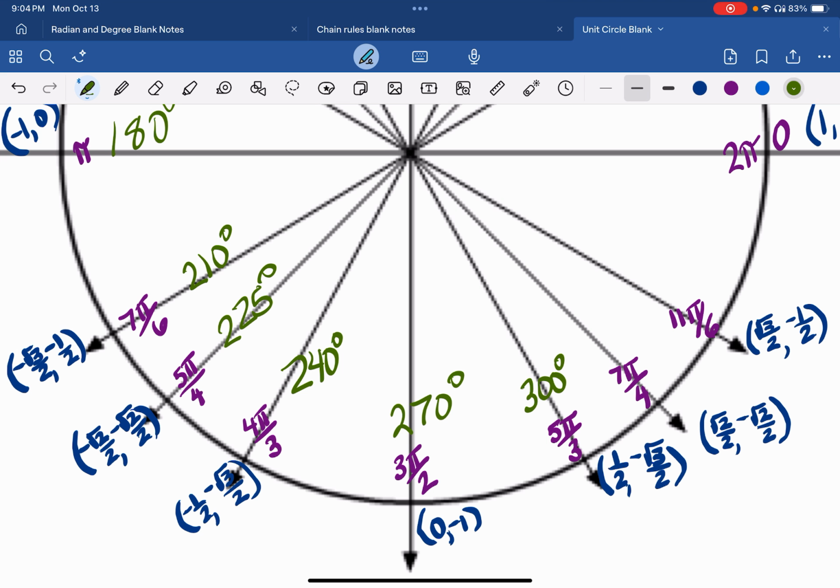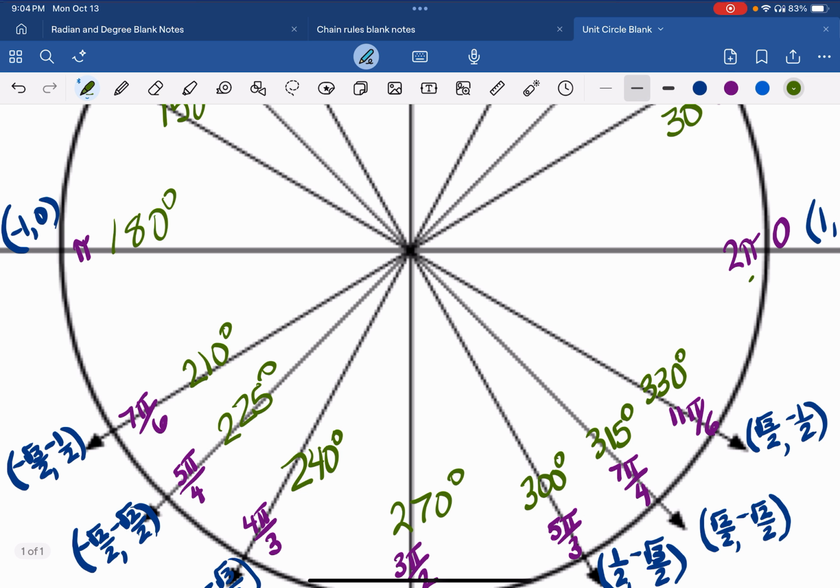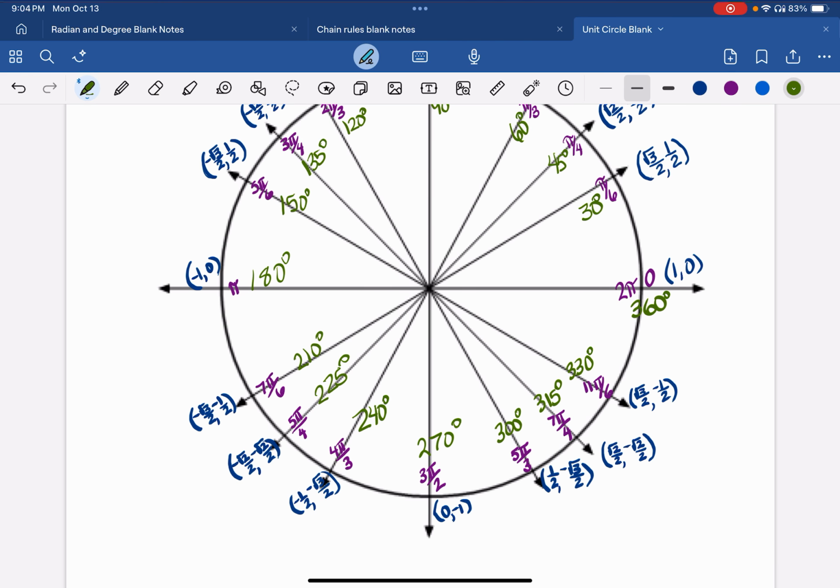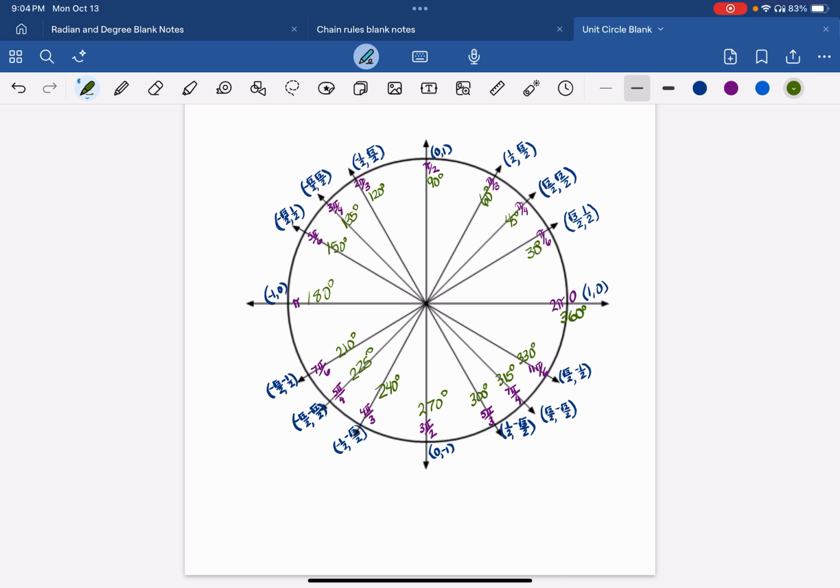And 7 pi over 4, 315 degrees. And then 11 pi over 6 would be what? 330 degrees. And then all the way back around, and we know that a circle altogether has 360 degrees. And so these are the degrees on the unit circle. Thank you.